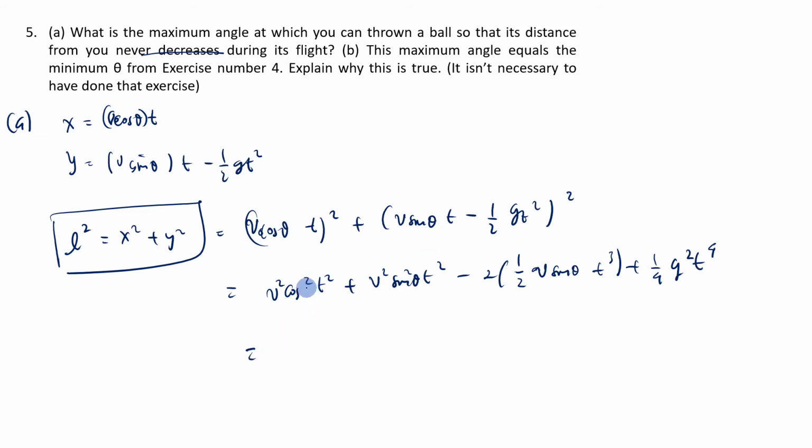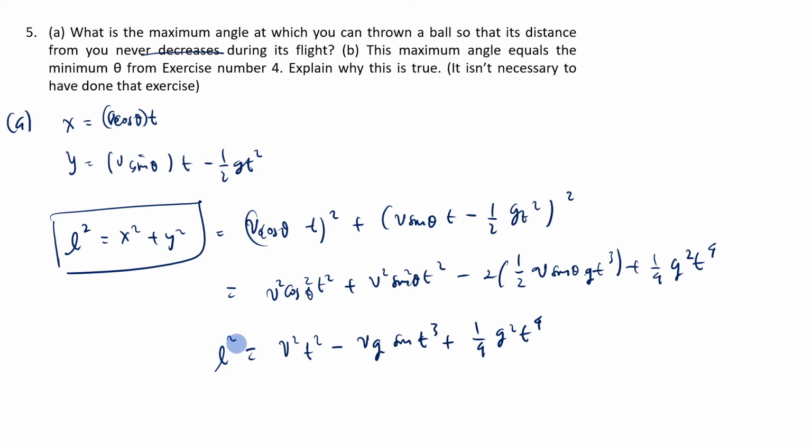Otherwise, by identity of trigonometry, this is the cos theta squared and this is the sin theta squared. We can get 1 and we get v squared t squared minus v g sin theta t cubed plus 1/4 g squared t to the 4. Okay, this is the L squared.